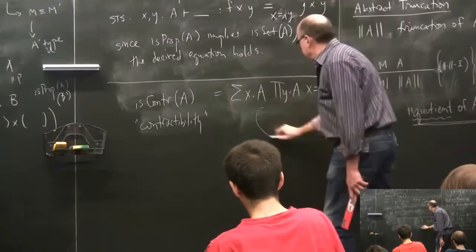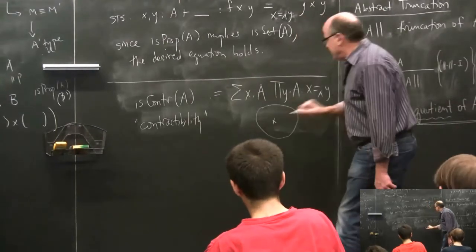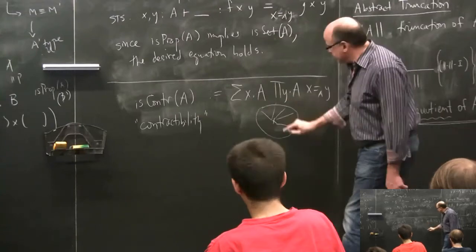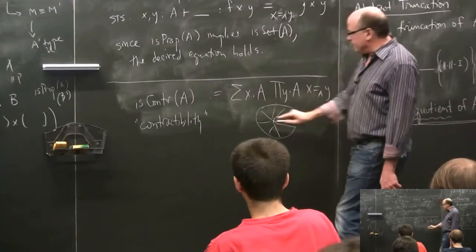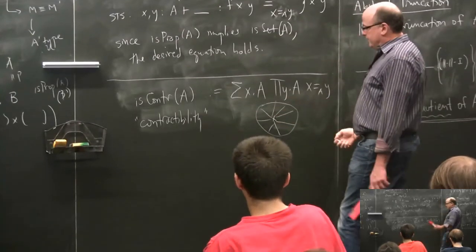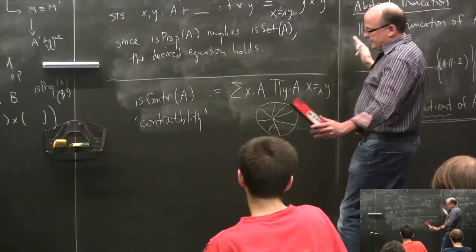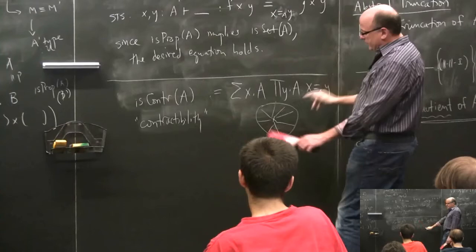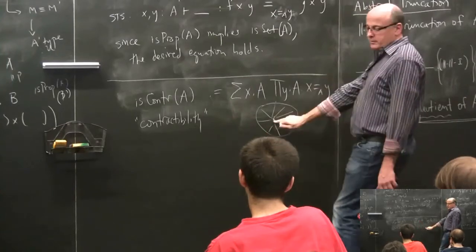So the picture I like is there's a guy there and everybody else has a path to it. It's called the center of contraction. So it means that you can smush it. If you follow those paths, everybody will race to the center and collapse the whole type to a point.